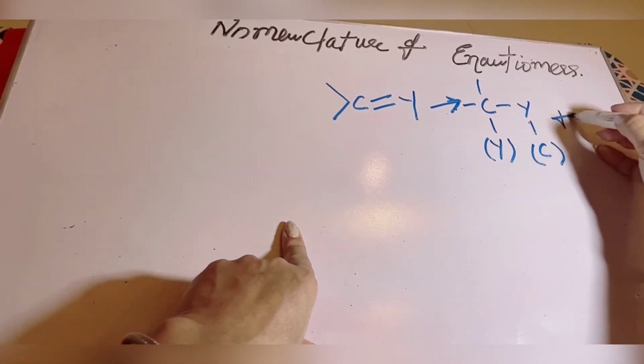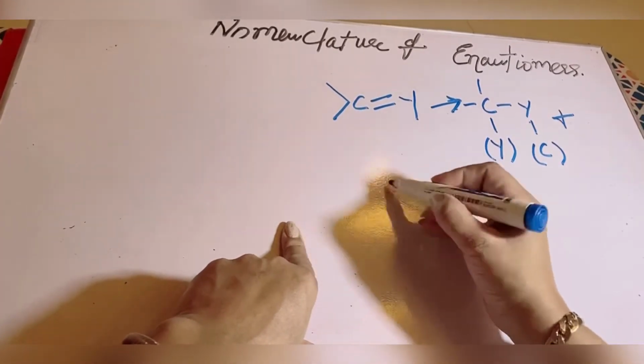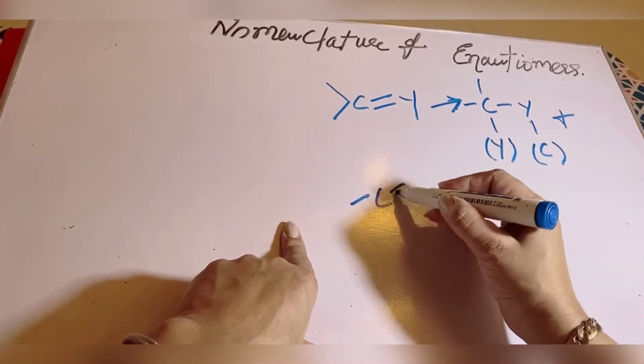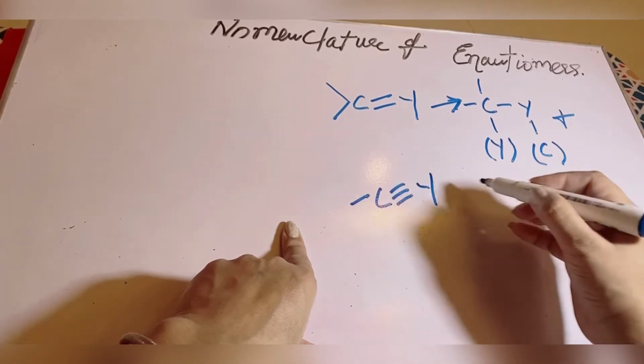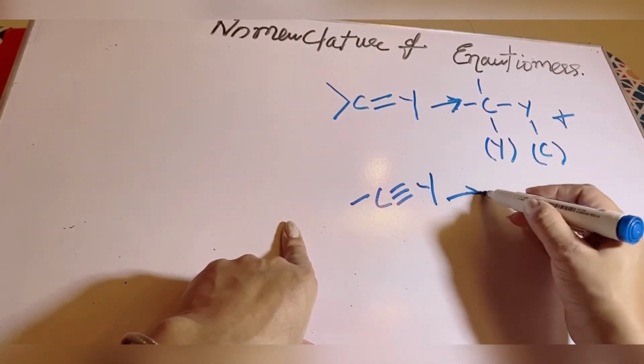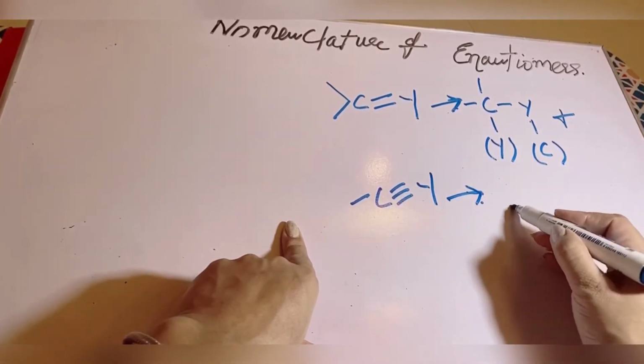And if the compound has a triple bond, how will you write it?